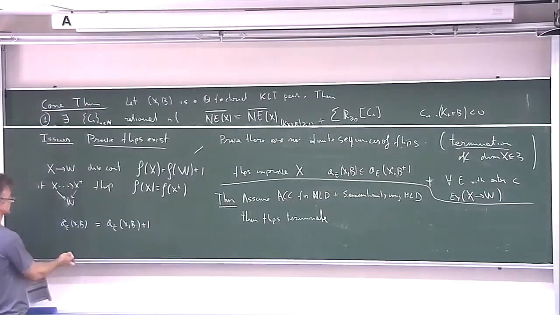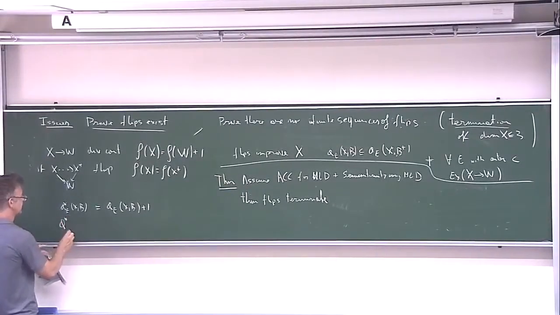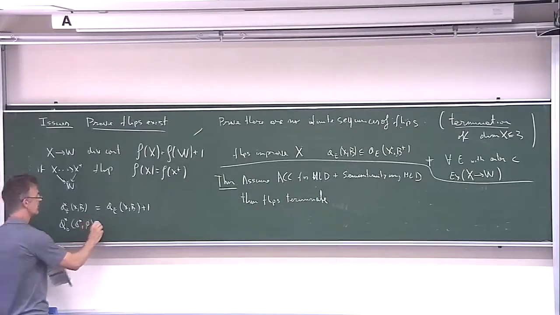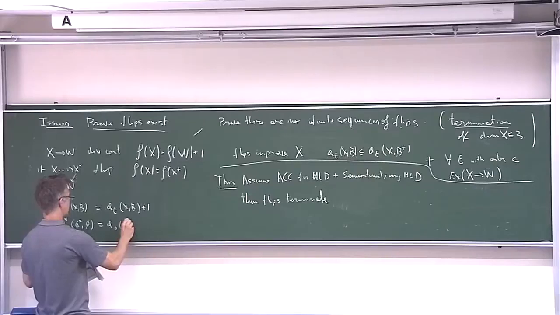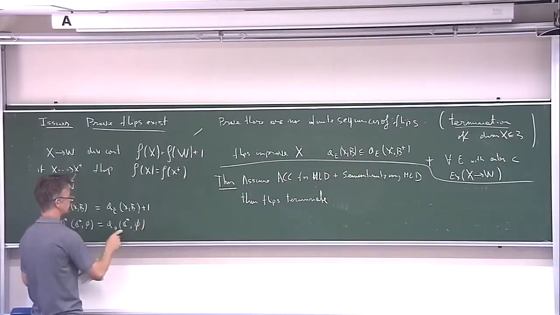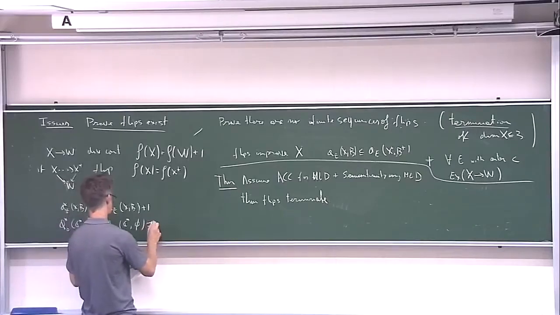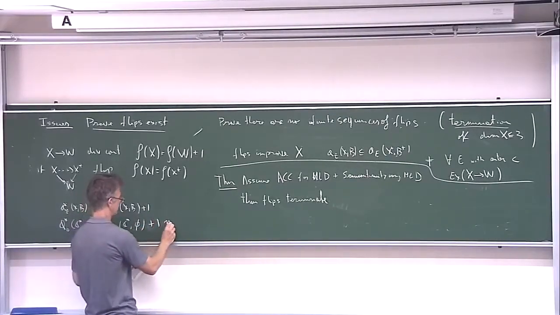This is convenient because, for example, if you take the log discrepancy over a closed point, say the origin of C^n, with respect to the empty divisor, we've already seen that if we blow up a point in C^n, the discrepancy we get is n minus 1, plus 1 is n.